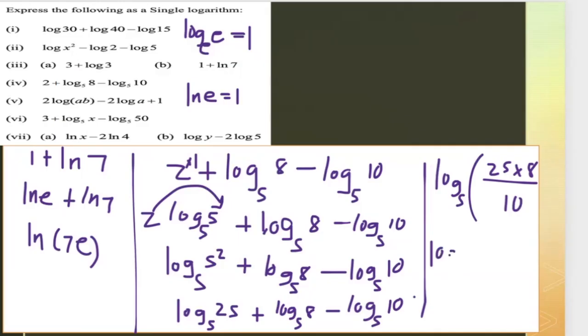We know that 25 times 8 is 200. So I have 200 over 10, and then this cancels. So I have log base 5 of 20.